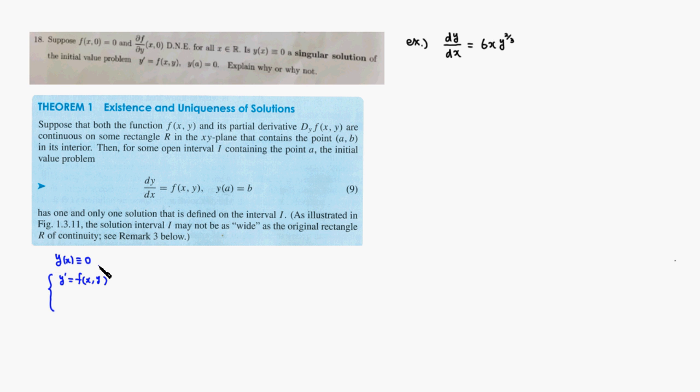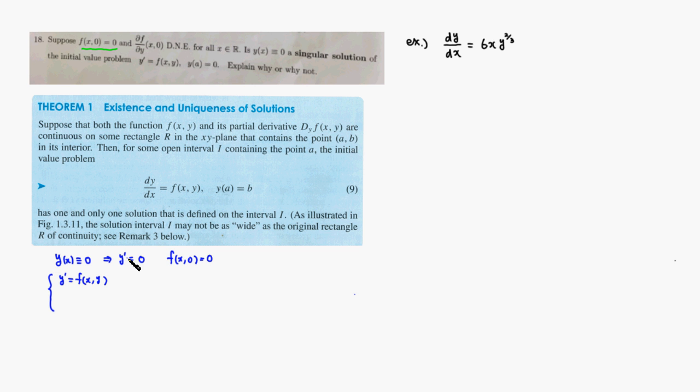Obviously if you take the derivative, y prime is going to be 0, right? So the left-hand side is going to be 0. Then since y equals 0, the right-hand side is going to be f of x comma 0, which is actually given right here to be 0, right?